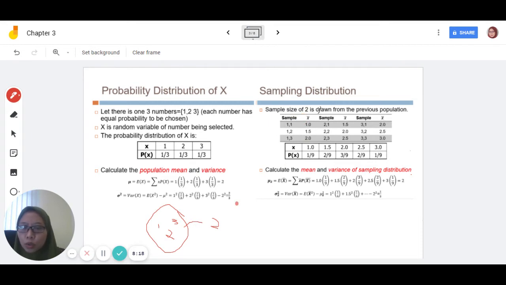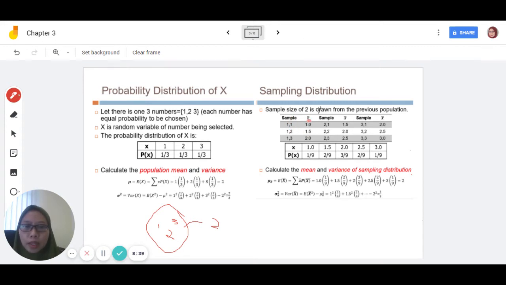So you draw 2 times and you can get values out of this population. You can have the combinations 1 1, 1 2, 1 3, until 3 3. Then you can find the mean of each sample you drew just now.